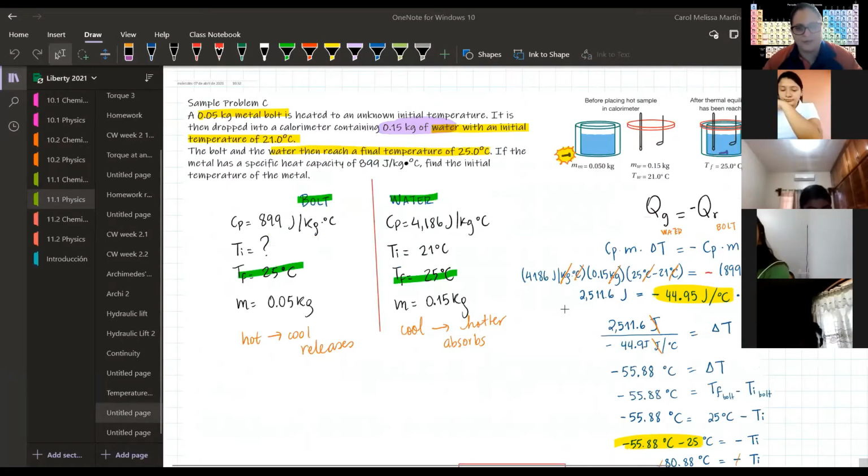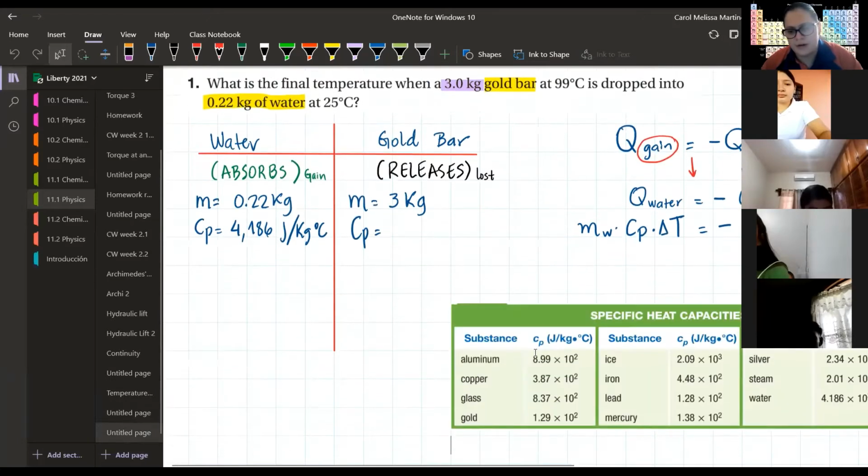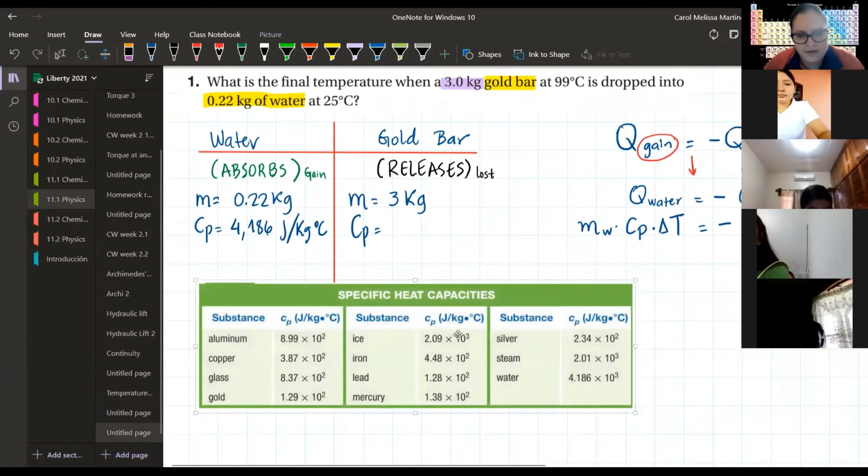Let me look for it. I think it was 129 or 128, something like that. Okay. So according to the table, the specific heat capacity for gold is 1.29 times 10 to the second power, or 129. It's the same.